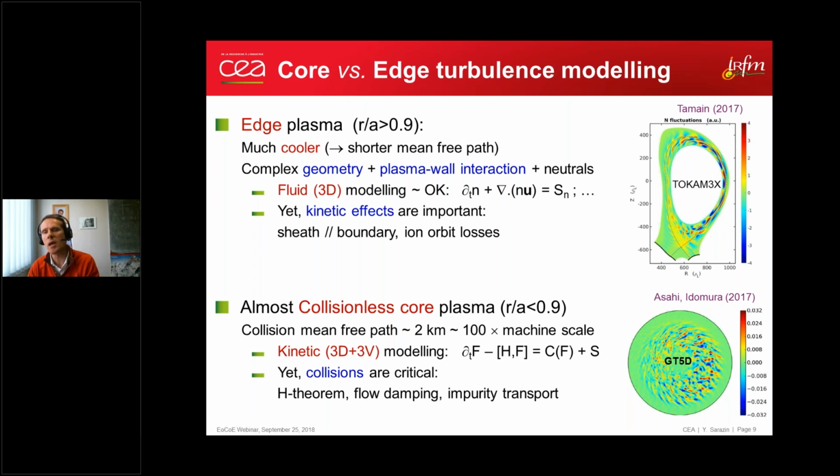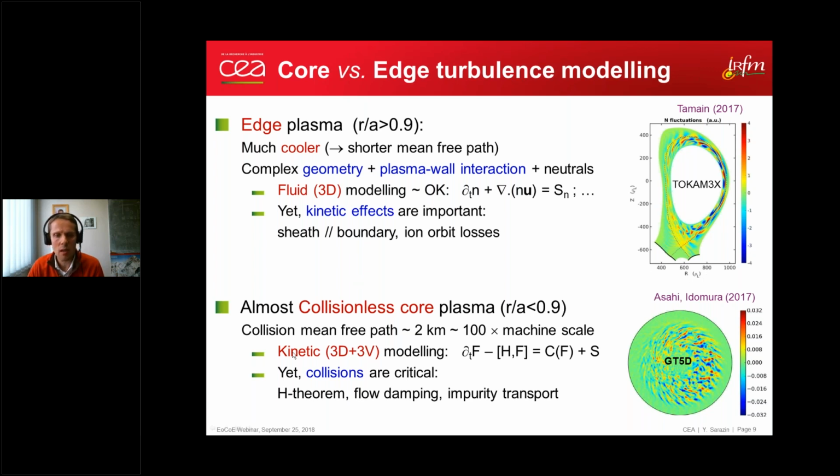So you rely on the equations regarding density, mean velocity, temperature, and so on. However, keep in mind that kinetic effects are important. The sheath, parallel boundary, and ion orbit losses might matter and do matter, we know this. So there is some issue regarding fluid modeling in the edge. But so far, this is the best we can do.